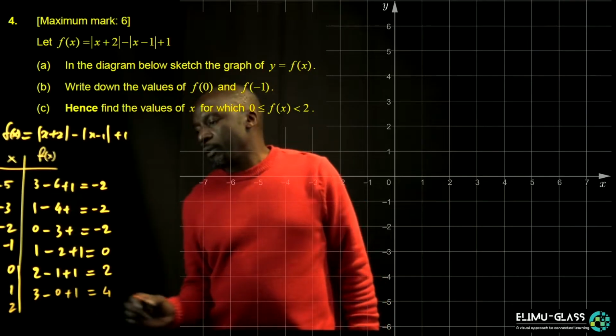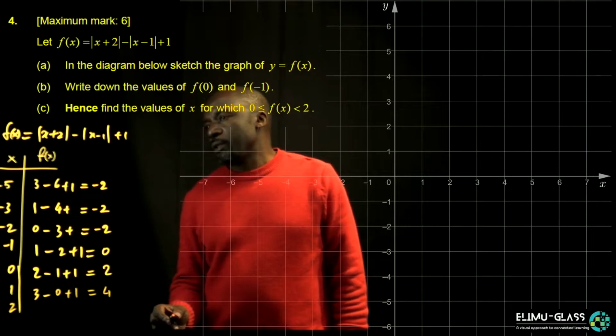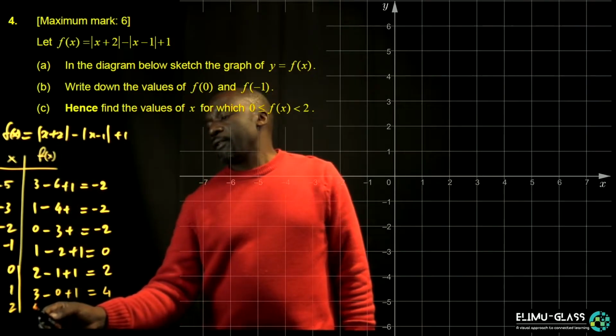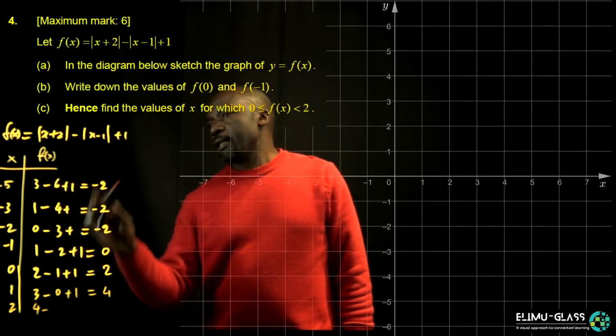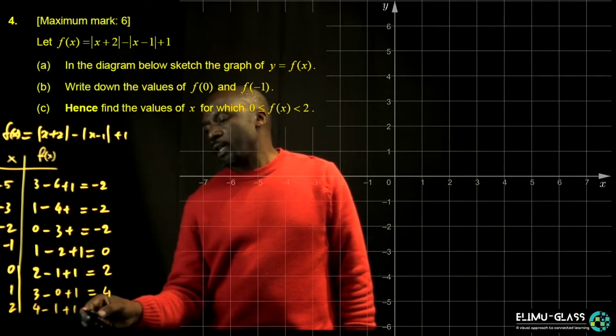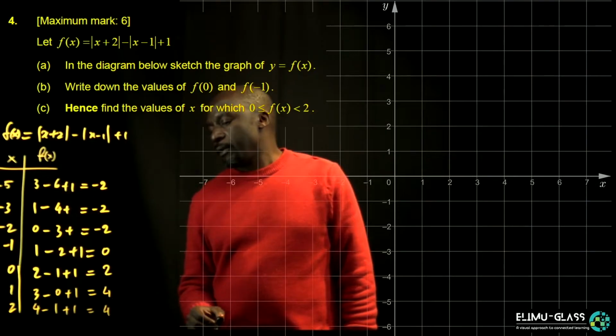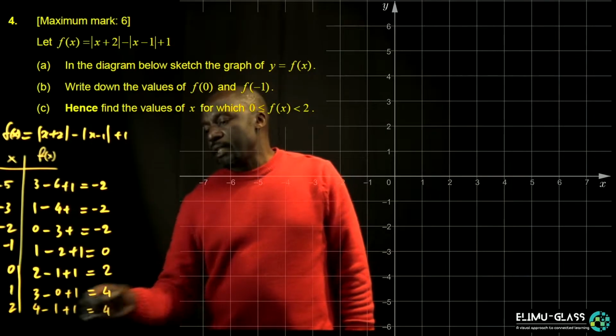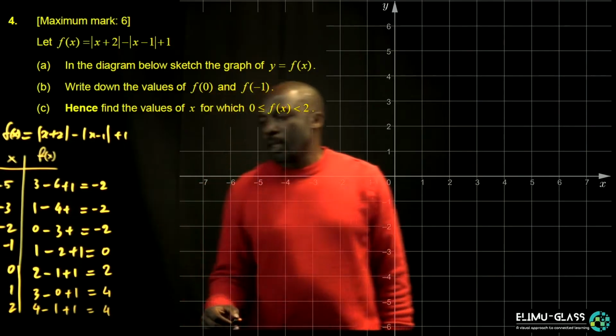And if I put a 2 there, I get 4 minus 1 plus 1, and I get a 4. So I imagine the rest are going to give me 4s.